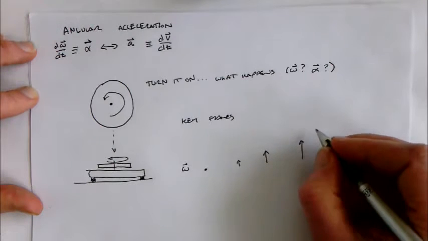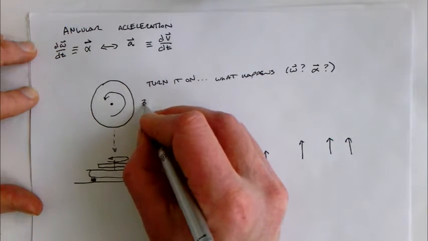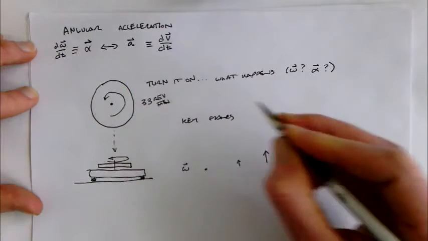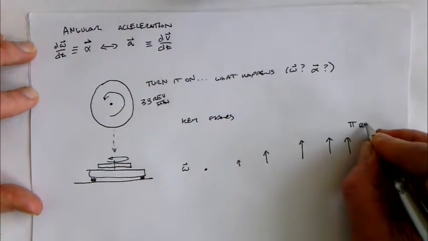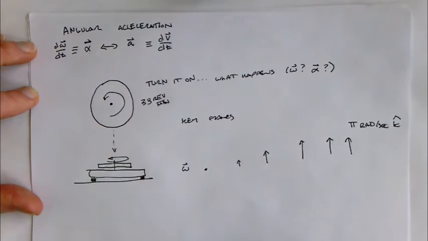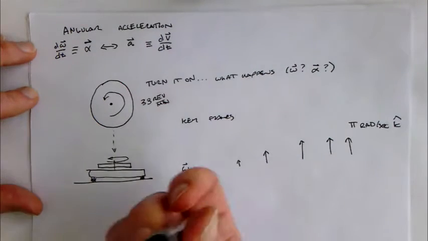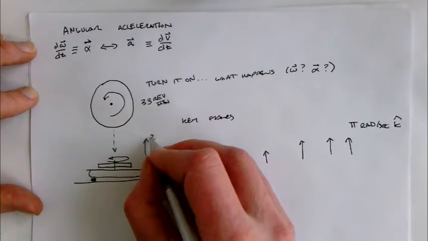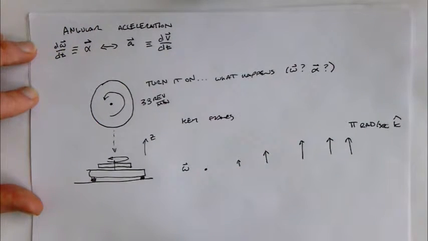And as we figured out when we thought about this before, if this is spinning at 33 revolutions per minute, that's approximately pi radians per second in the k-hat direction, where k-hat is coming out of the page, or in this picture, the z direction.